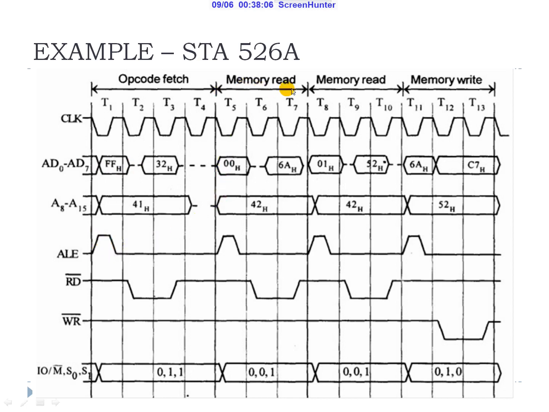Here in the first memory read cycle, in T5 you have the address, that is, AD0 to AD7 is supplying address. So here you have to notify, and here you have the memory read.